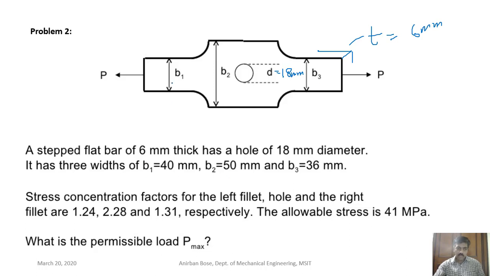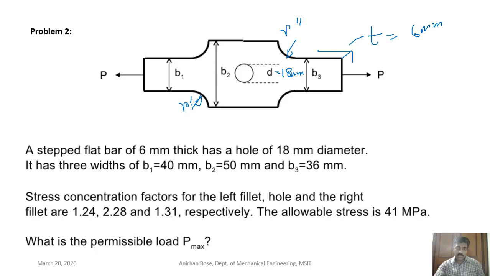B1, B2, B3, all these sectional dimensions are given, and the stress concentration factors for the left fillet. So this is based on this radius of curvature. If you consider that this radius of curvature is say R prime, and this radius of curvature is say R double prime.